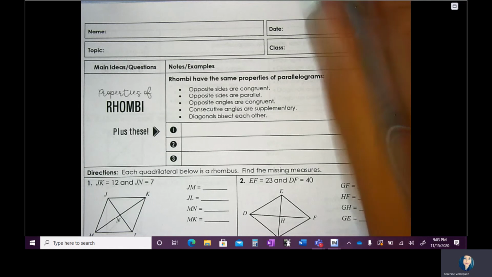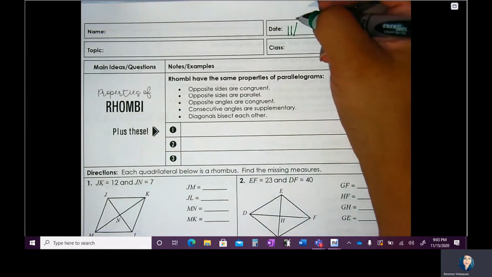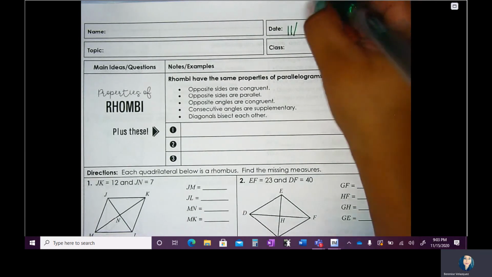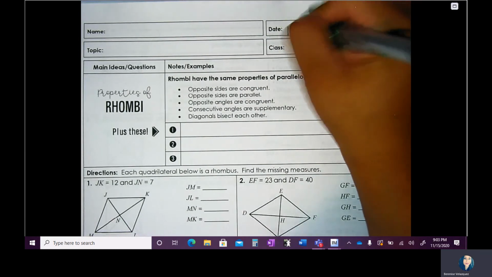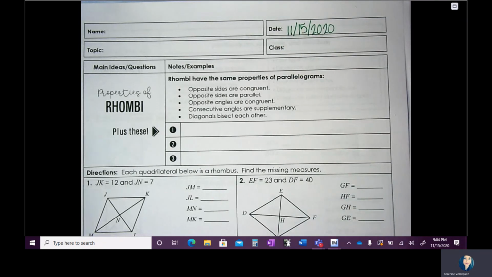Okay, so today's date, since I'm assuming this will only be applied to my Monday classes, this would be the 15th. Obviously, if you're watching it and you're in one of the other classes, do the date that you're watching it, and put the period that you have.